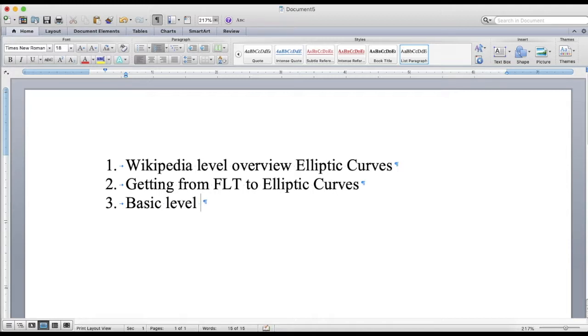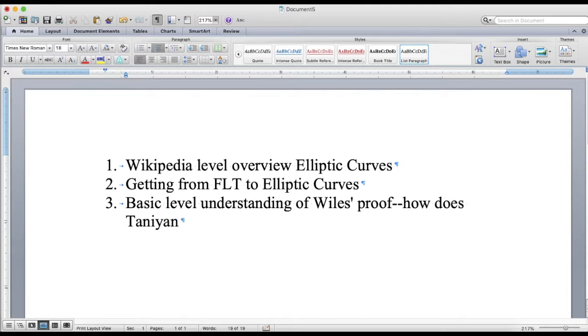So let me write that down. Basic level. How does Taniyama-Shimura imply FLT. Then next we'll start on Fulton's book.